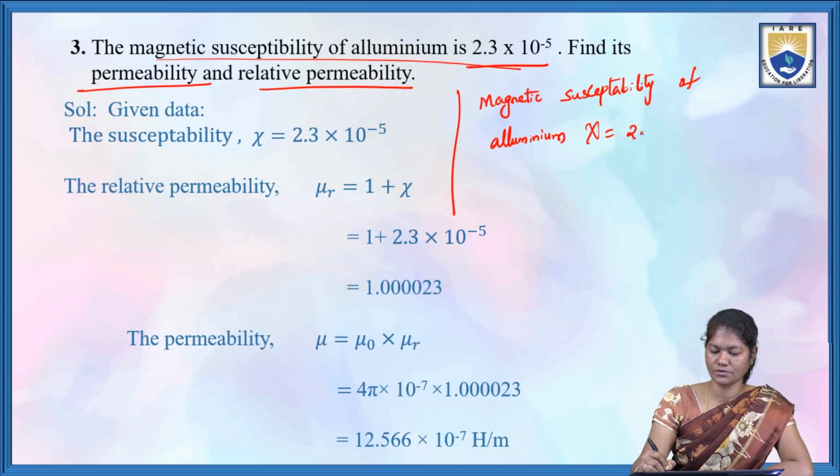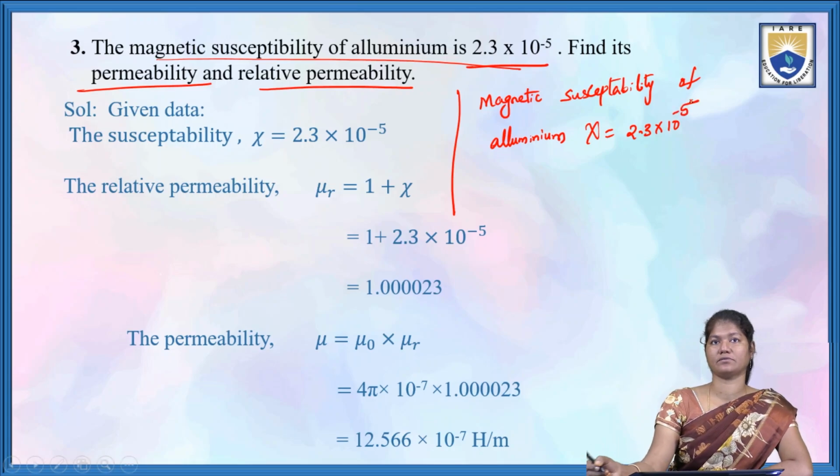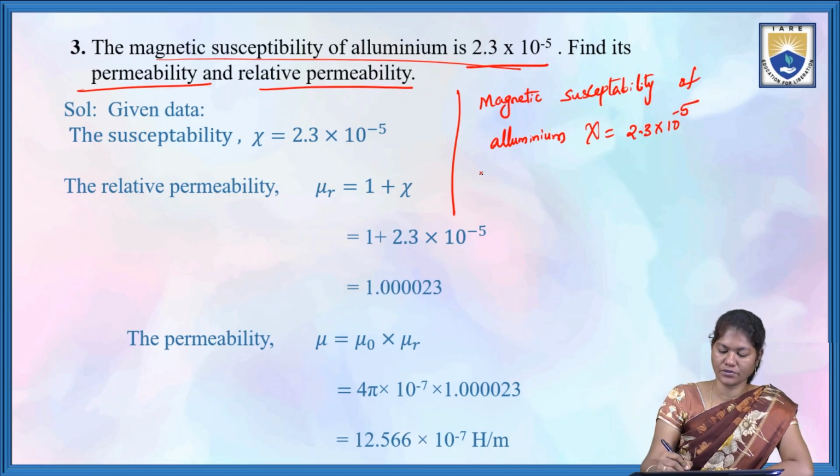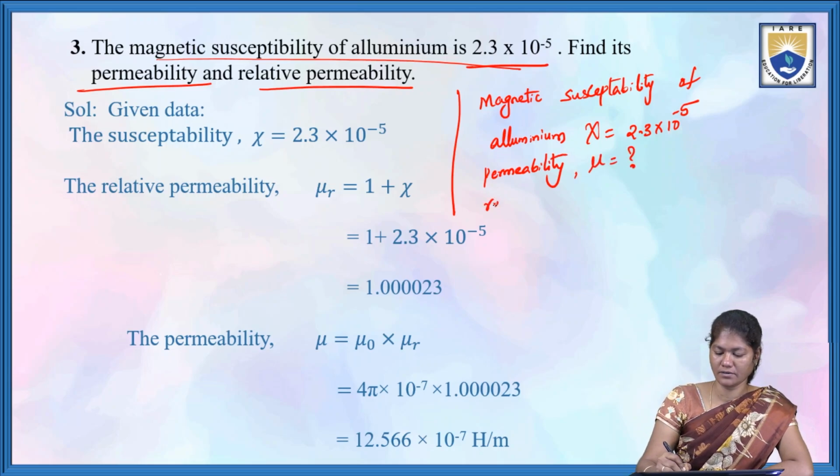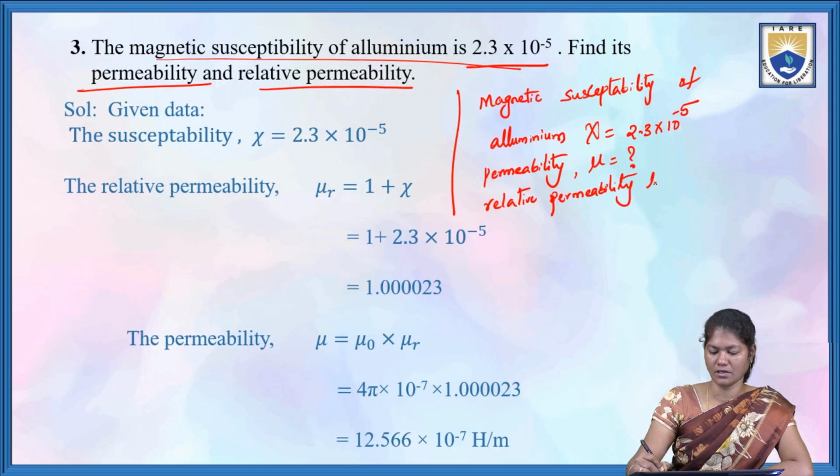Chi is equal to 2.3 into 10 power minus 5. So we have to calculate the permeability mu and the relative permeability mu r.